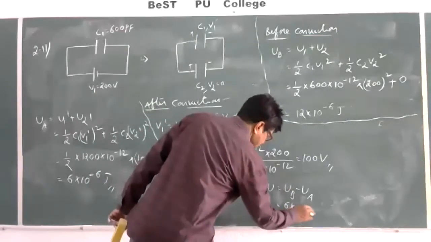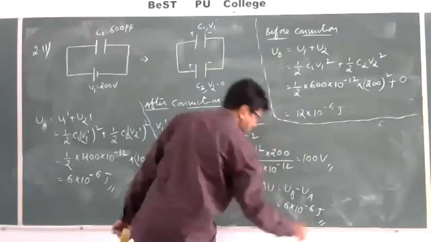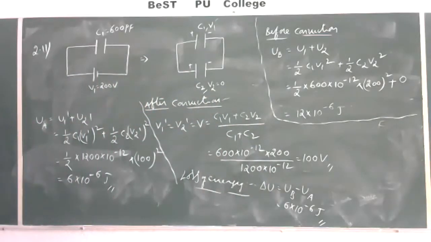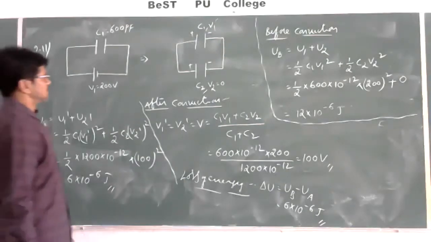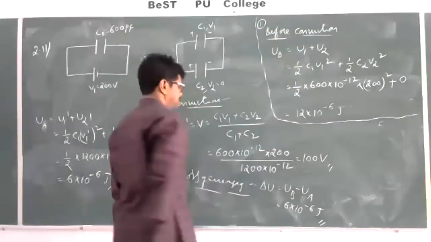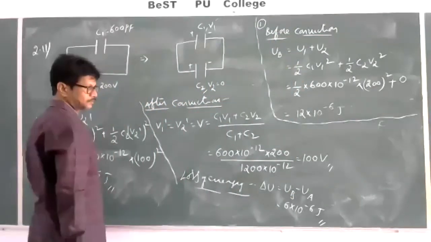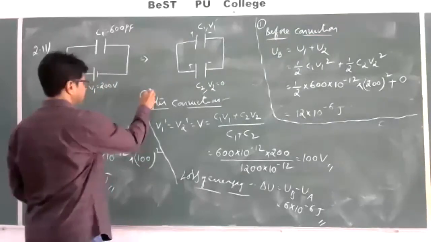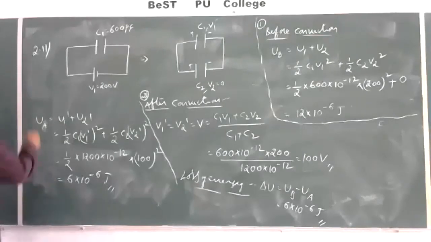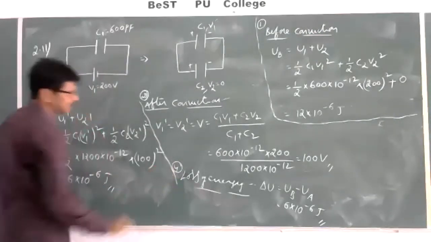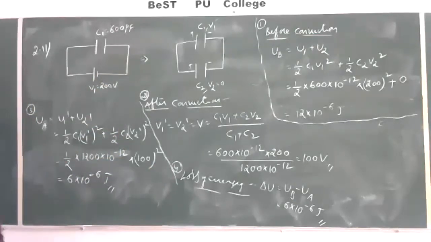The final answer is 6 into 10 to the power of minus 6 joules. So this is the after diagram. You copy this first, this is second, this is third, and this is fourth. Like that you maintain the sequence.